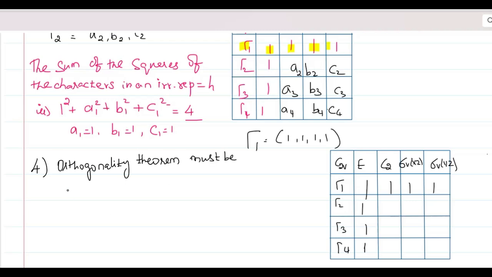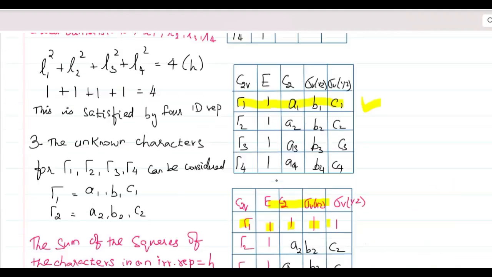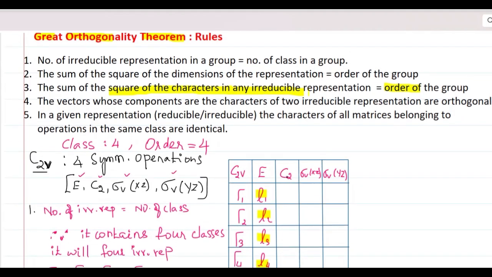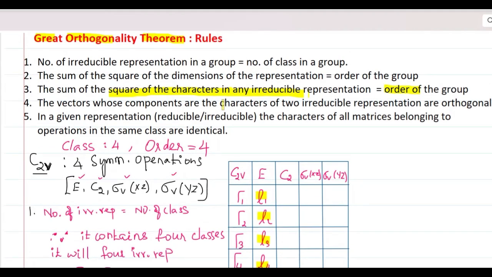So what is it that we have said in the fourth rule? The fourth rule: the characters of any two irreducible representations are orthogonal.